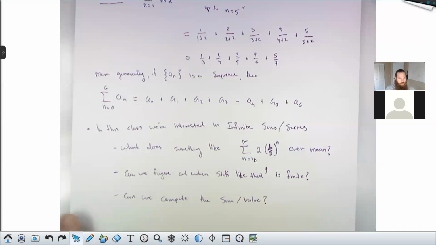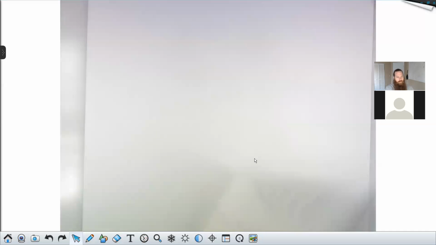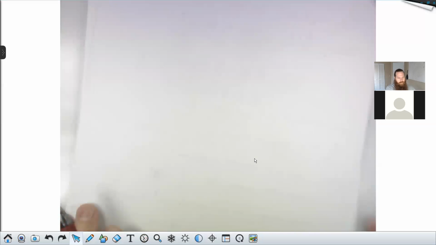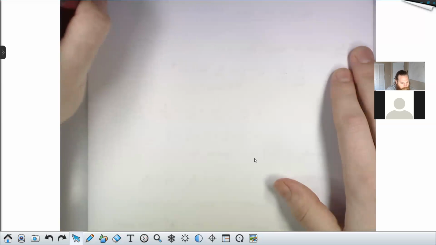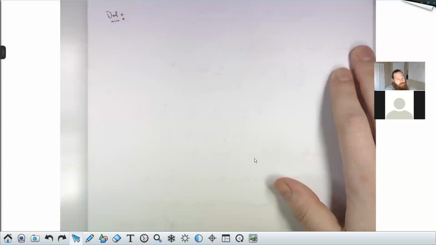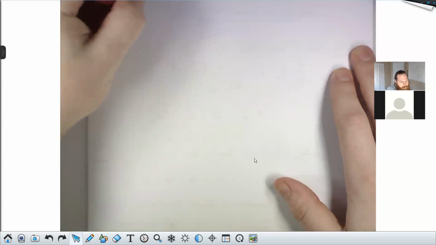So without further ado, I will define an infinite series for you. Definition. This is a lot like the definition of a type 1 integral.